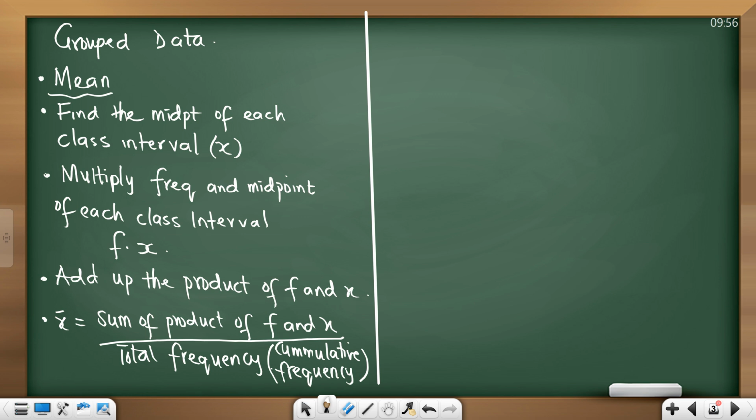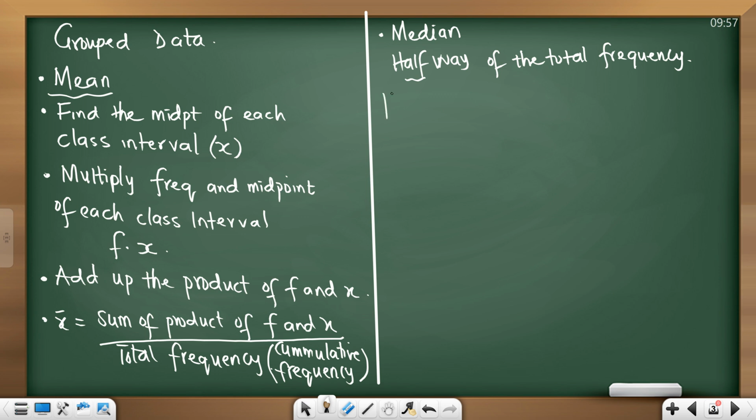What about the median of a grouped data? All right. This is the halfway. And for a grouped data, just to tell you something quickly, halfway of the total frequency. When it comes to a grouped data, you're looking for the class interval.